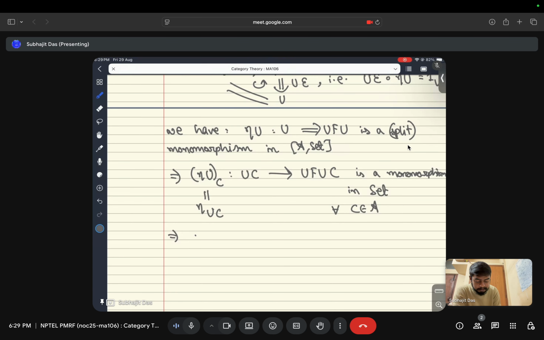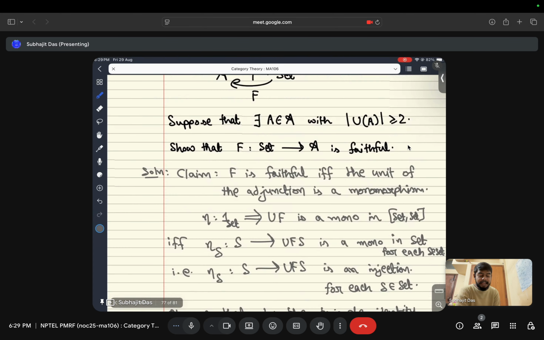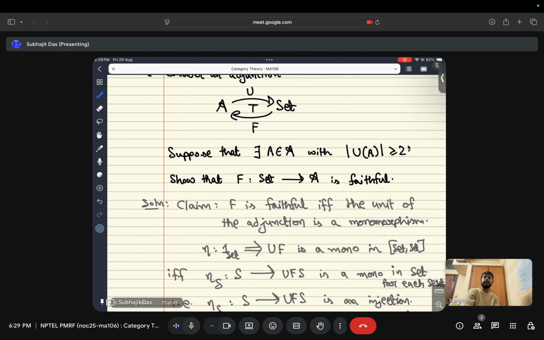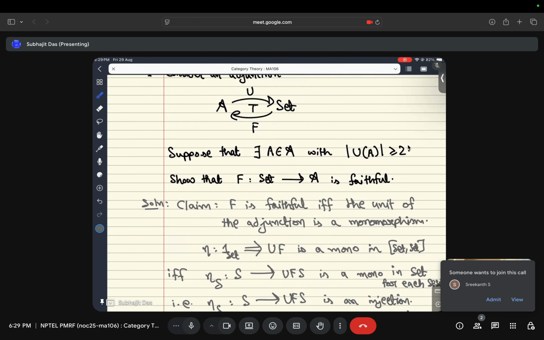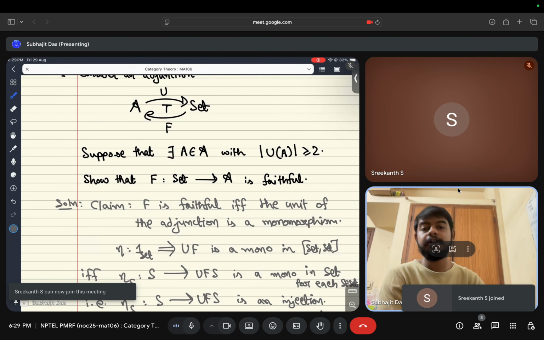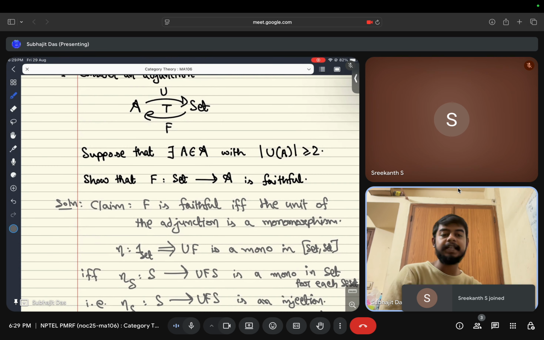So in particular, this means that eta at UA, where A is our object, we have assumed that there is some object A in your category such that the cardinality of the set UA is greater than or equal to 2.